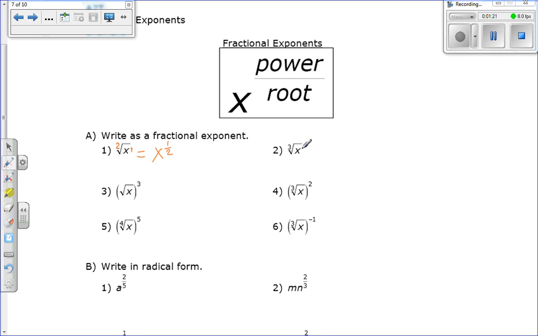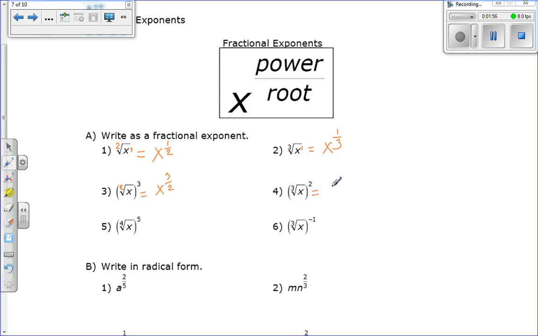Over here for number 2, again my power is just 1. So we have x to the 1 over 3. Here, this is a square root again. My power is 3. So it's x to the power over the root. So it's x to the 3 over 2.